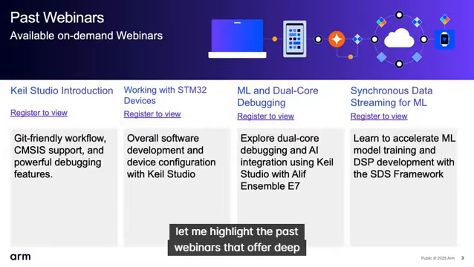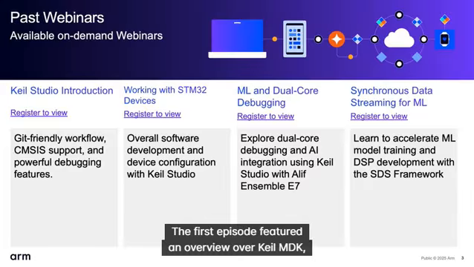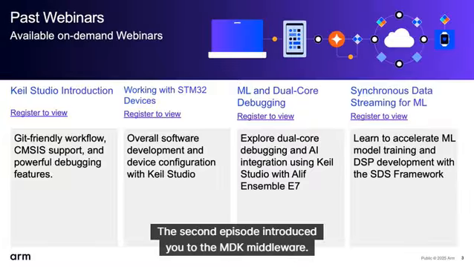Before we start, let me highlight the past webinars that offer deep technical insights into various aspects of embedded development. The first episode featured an overview over Keil MDK, explaining all the components and the different editions. The functional safety components that we're talking about today are part of the MDK Professional Edition. The second episode introduced you to the MDK middleware.